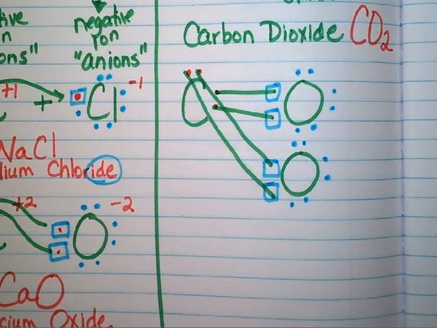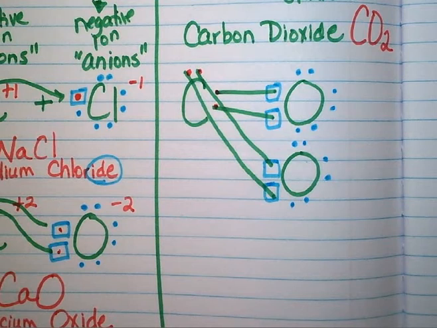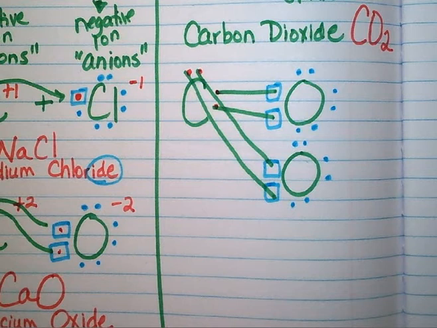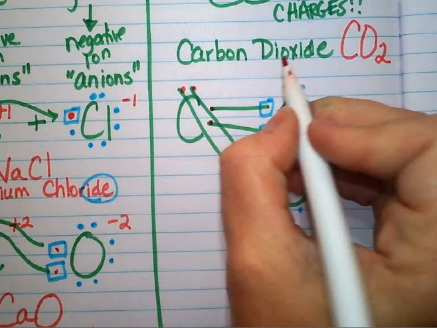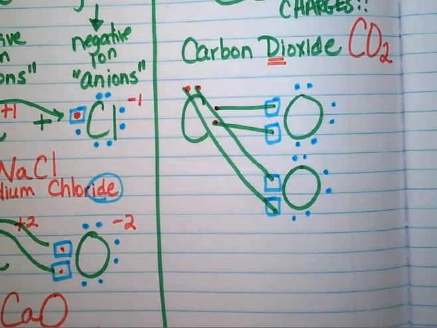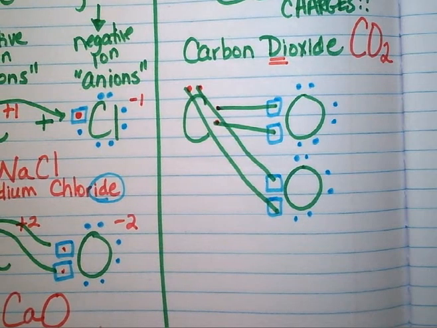Everything is plugged in. 2 of its electrons plug into 1 oxygen, and the other 2 electrons plug into another oxygen. So CO2 is carbon dioxide. That's what you're exhaling. Dioxide has the prefix di, and the prefix di means 2.